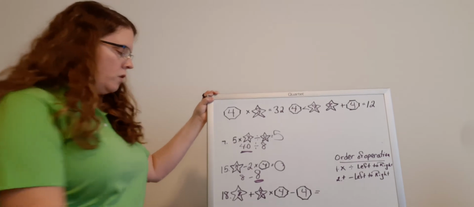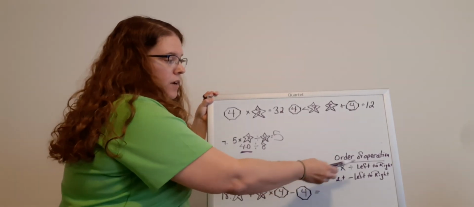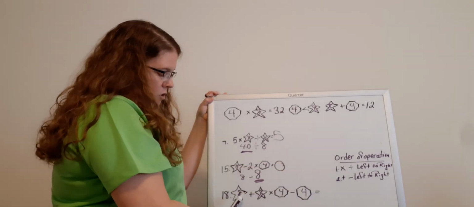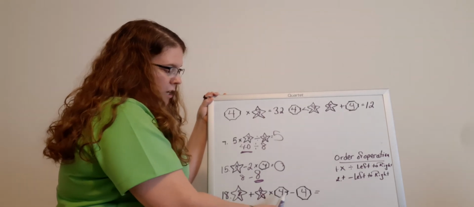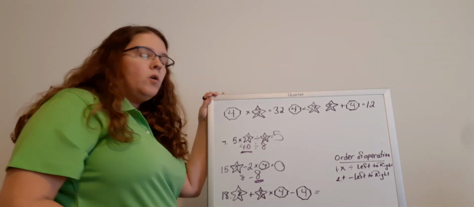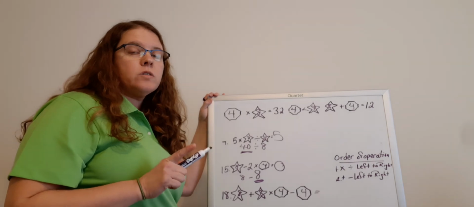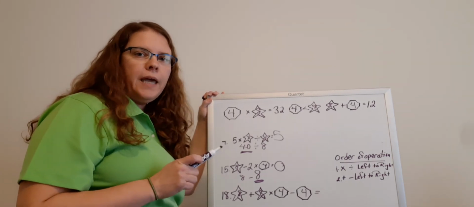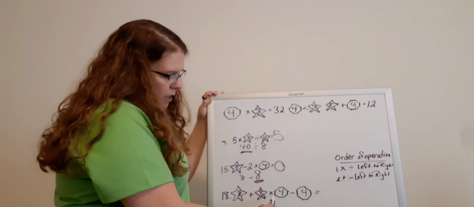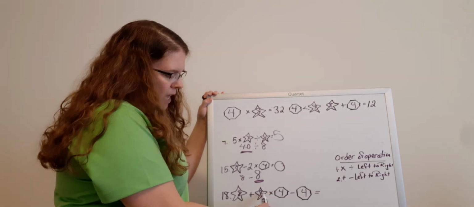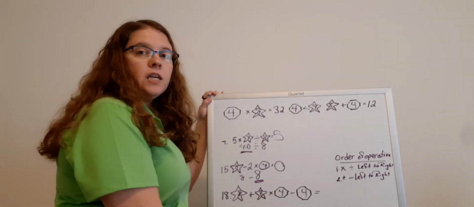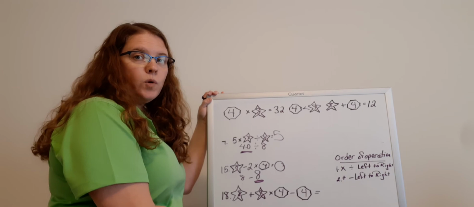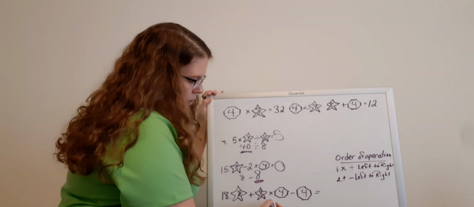Let's take a look here. We have to follow our order of operations. We have a plus sign, a multiplication sign, and a minus sign. Which one is going to happen first? Multiplication. Good job. I look at my multiplication sign, and on the left side of it is an 8, and on the right side of it is a 4. So 8 times 4 is 32.